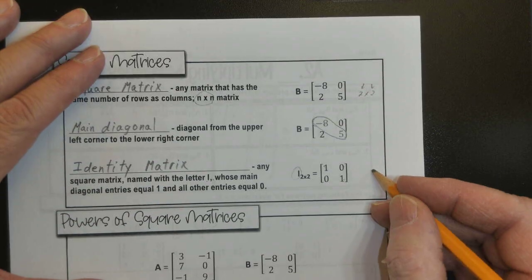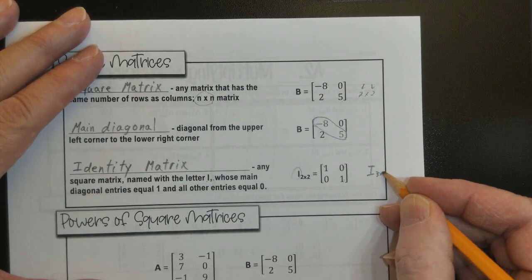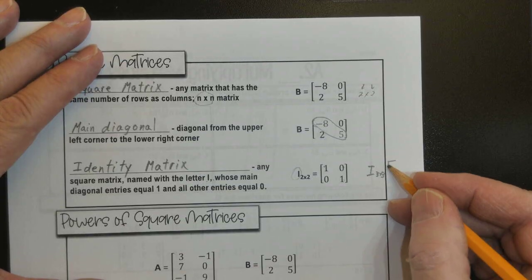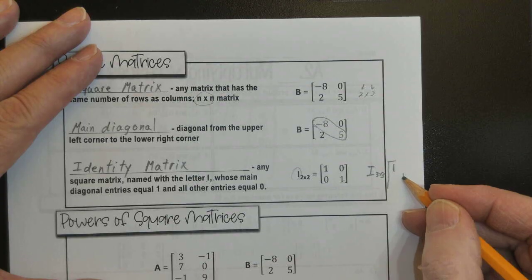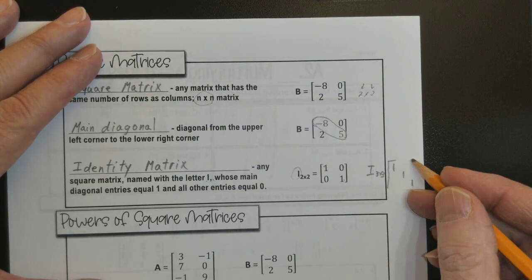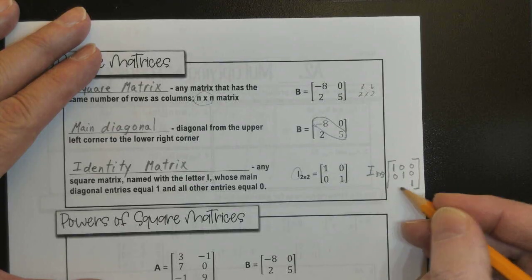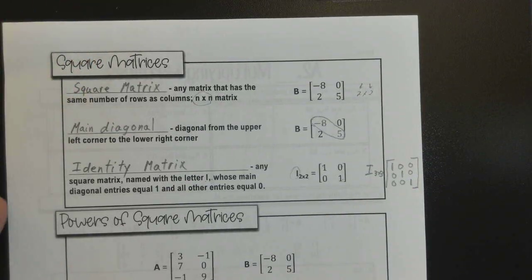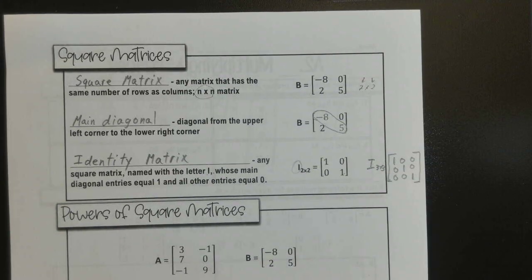Let's do this, because it's not just a 2 by 2. We could have a 3 by 3. Okay? The main diagonal has 1s in it. Everything else is 0s. We could make a 4 by 4 if you want. I'm not going to.